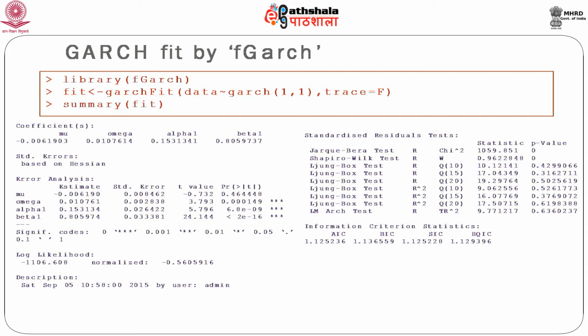And the summary will generate the results. As you can see, the results are not the same, they vary across different methods, as there is no unique method. And the same way you can get the tests. Here also the Ljung-Box test p-values are provided, and it is clear that nowhere is it significant. So there is no evidence of non-normality in the residual. So the fitting was quite good. AIC is also provided, 1.25.